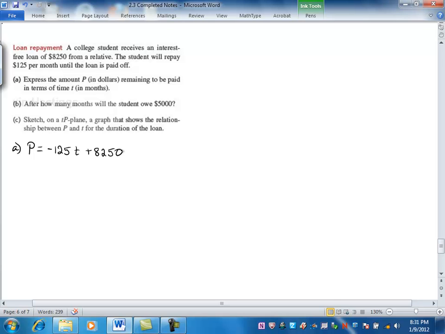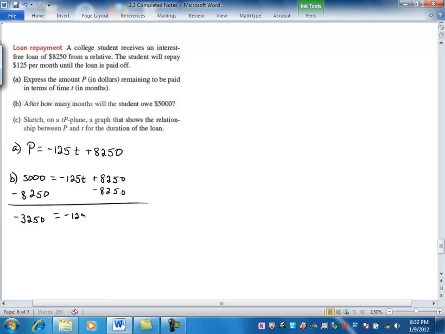So after how many months will the student owe $5,000? Well, the amount that we still owe, 5,000, equals negative 125t plus 8250. We can subtract 8250 from both sides. And so we get negative 3250 equals negative 125t.